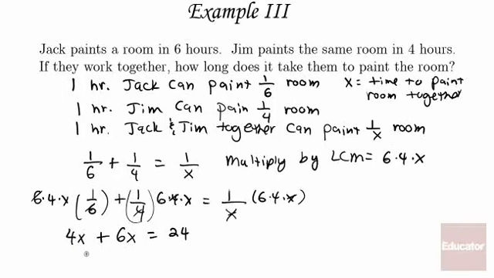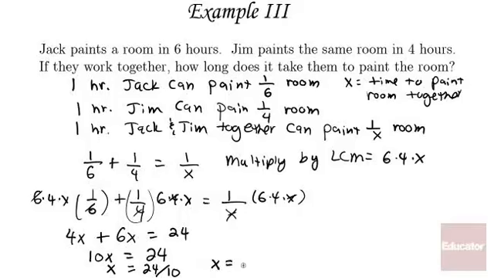Okay, I go ahead and add this up, and this is going to give me, let's see, 10x equals 24. And that's going to give me x equals 24 divided by 10.